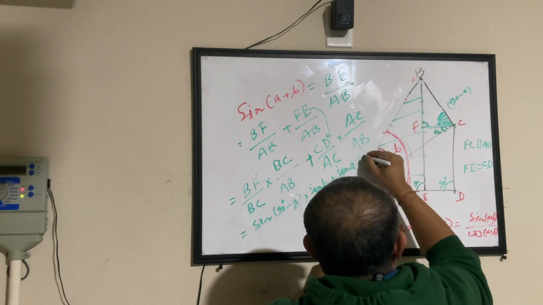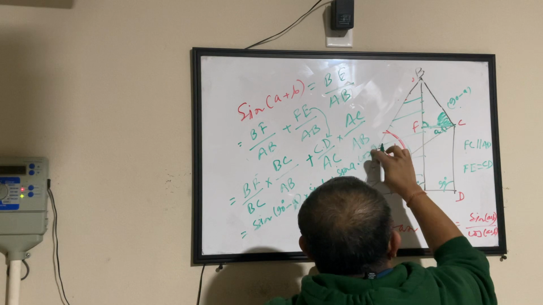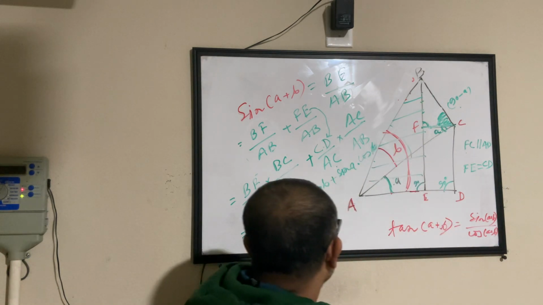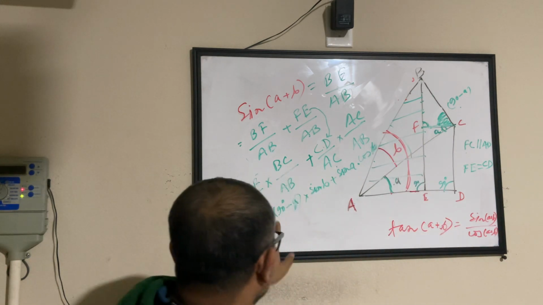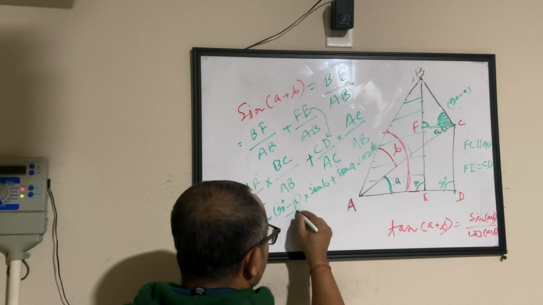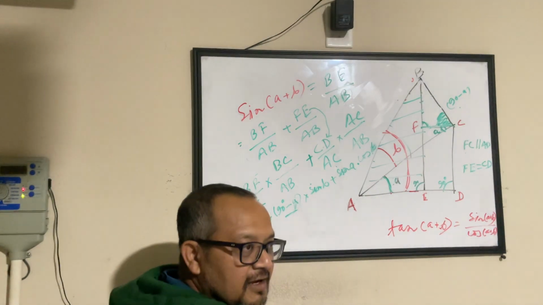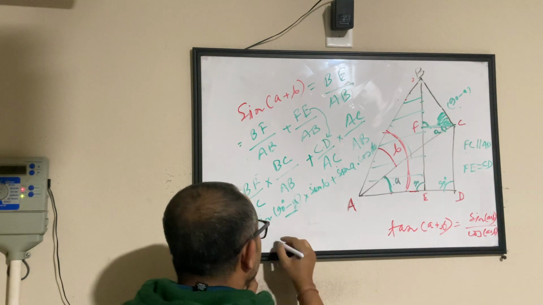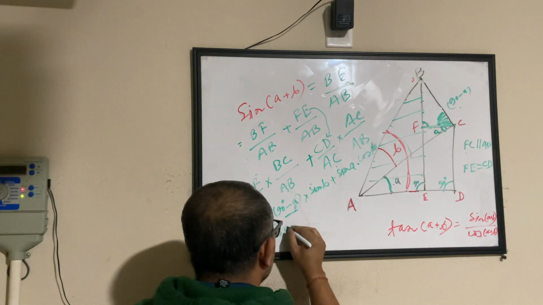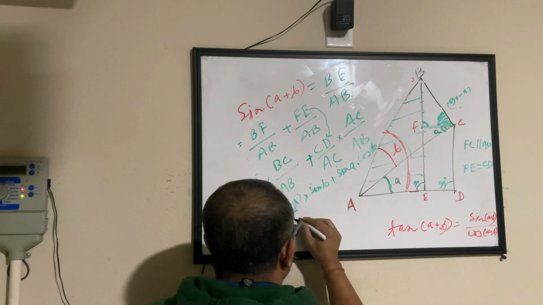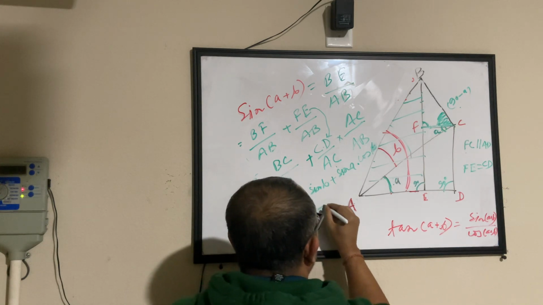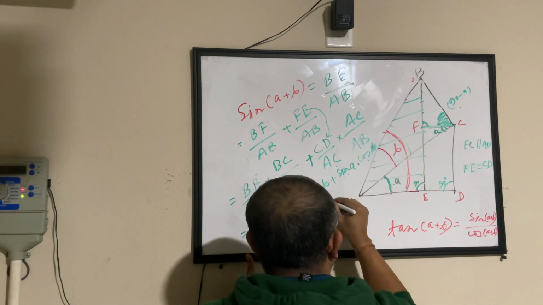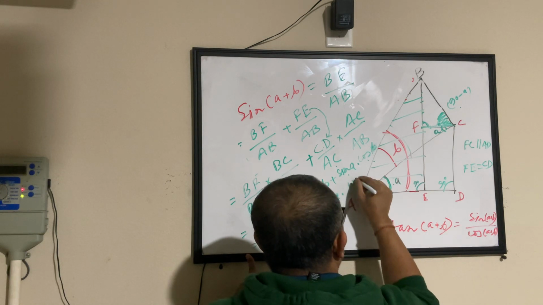This is cos of B. So here, sine of 90 degree minus A is based on the rule of complementary angle. Sine of 90 degree minus theta is cos theta. So this will be cos of A into sine of B plus sine of A into cos of B.